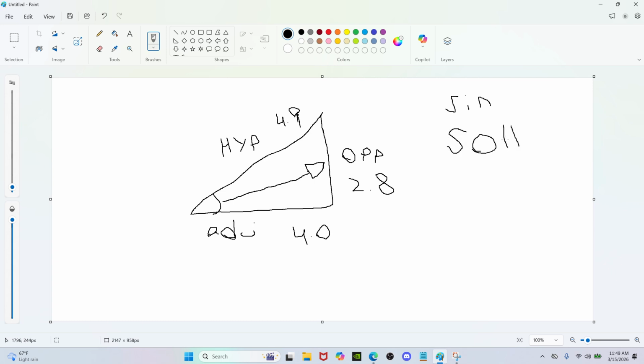Now, in the video I mentioned earlier that it is the opposite over the hypotenuse. So it would be these set of numbers right here. So 2.8 over the hypotenuse, which is 4.9.